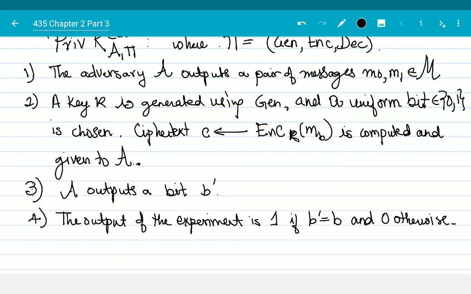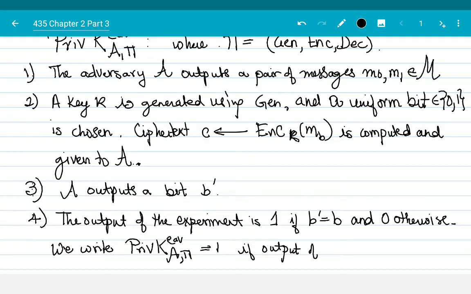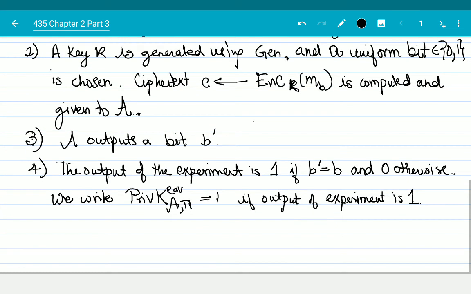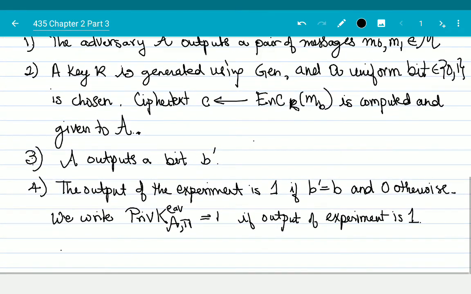Okay. We write PrivK EAV, A comma pi, is equal to 1 if the experiment succeeded, if the output of the experiment is 1. Okay, and in that case we say that A succeeded.